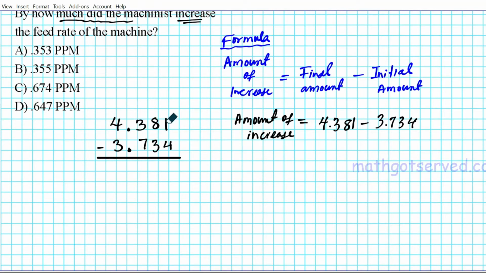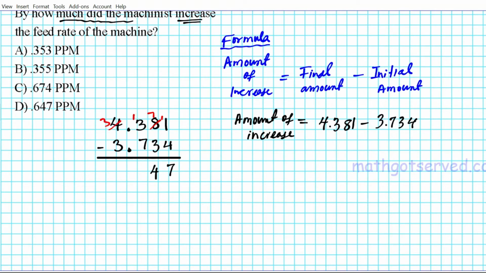All right, so let's go ahead and carry out our subtraction. So 1, you can subtract 4 from 1, is too small, so we borrow 1 from 8. 11 minus 4 is 7, and then 7 minus 3 is 4. And then we need to borrow a 1 from 4. It makes this a 3.